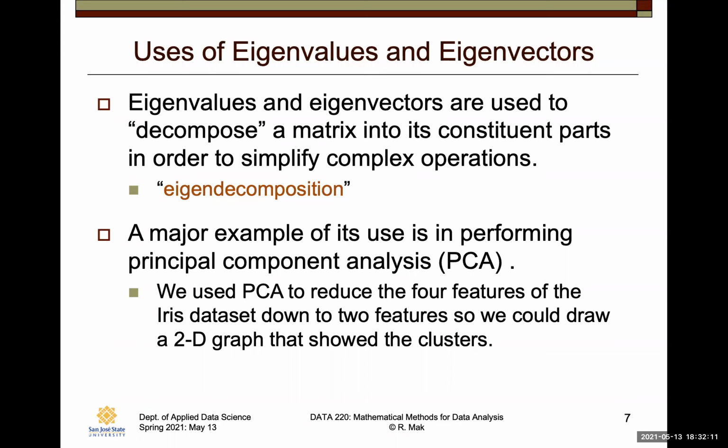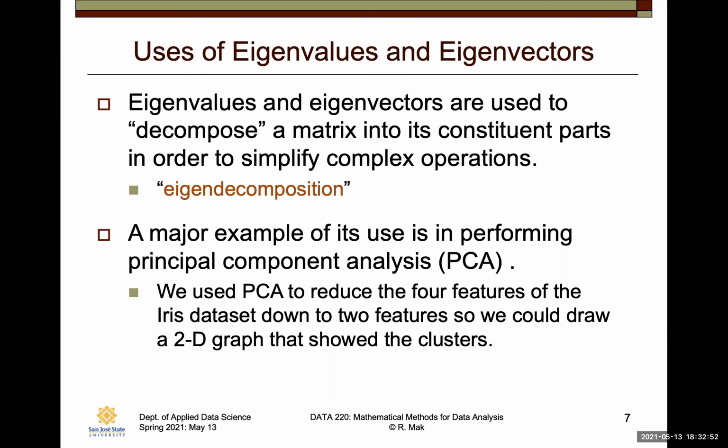In your future classes, when you're doing machine learning, remember we did an operation called principal component analysis. Remember we had this iris data set with 4 features, and we wanted to do a plot, but plotting in 4 dimensions was too much for us. So we did a principal component analysis to reduce the 4 attributes down to 2, and then we were able to draw a plot.